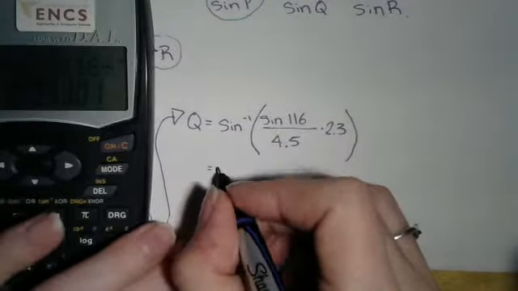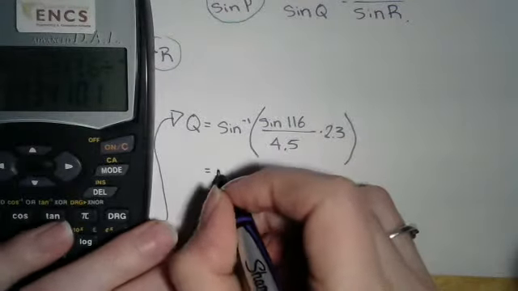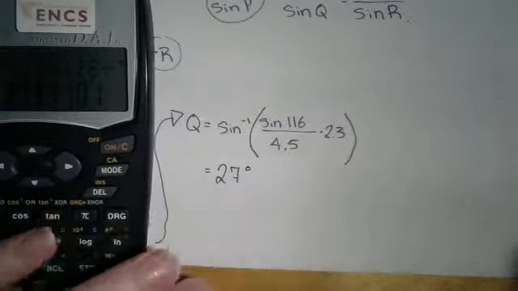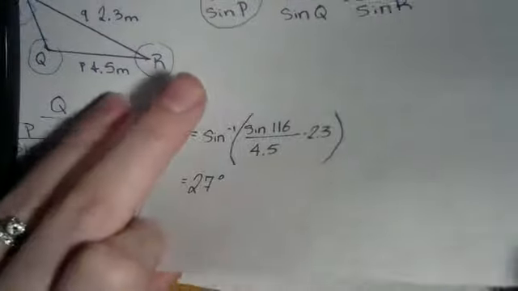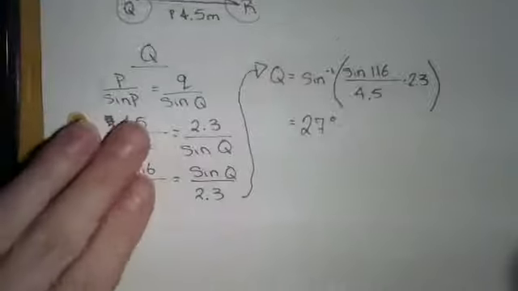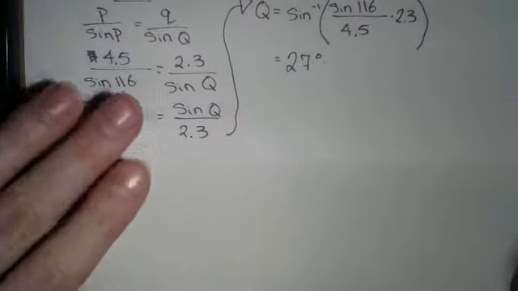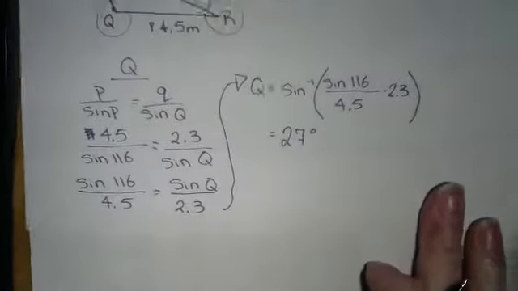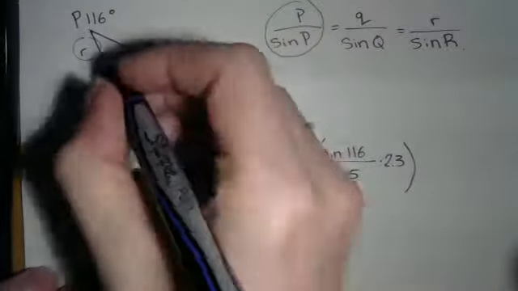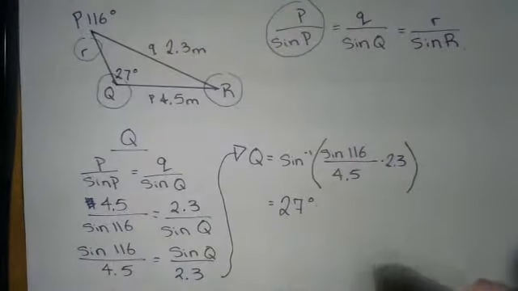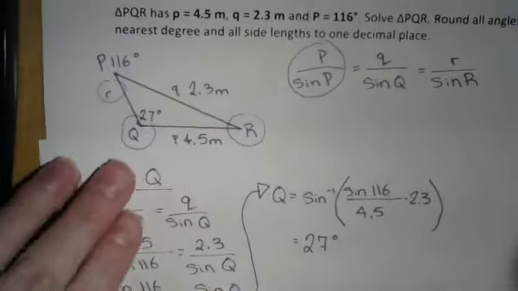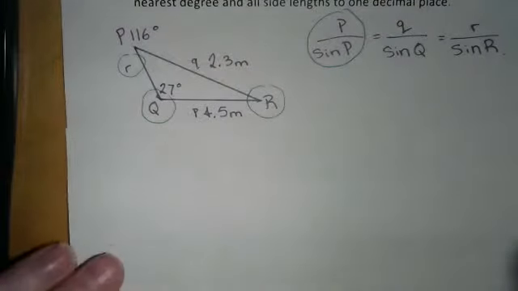I'm going to do it all in one, and round it to the nearest degree. So this is going to be 27 degrees. I need some more paper space. So that's angle Q. We can go back to our diagram and put in 27 degrees. Beautiful.